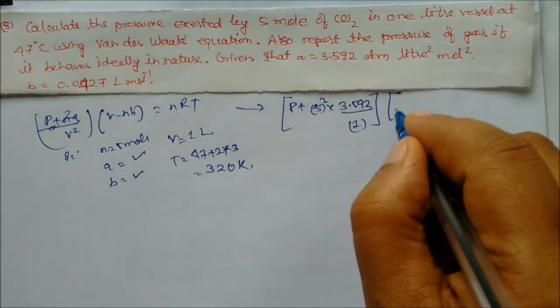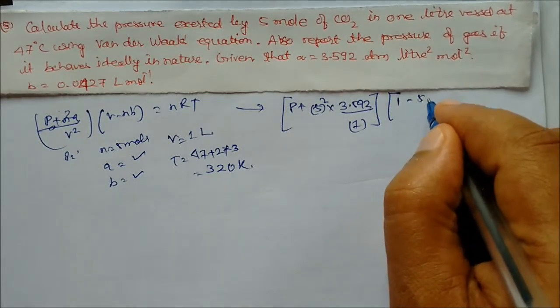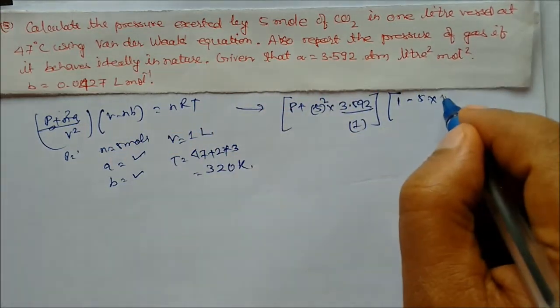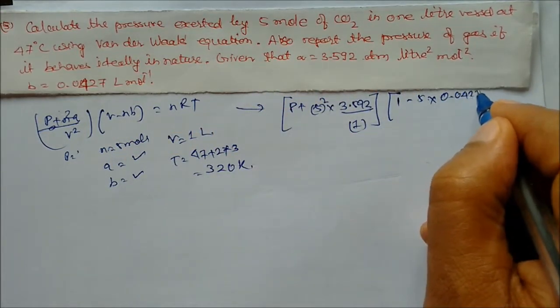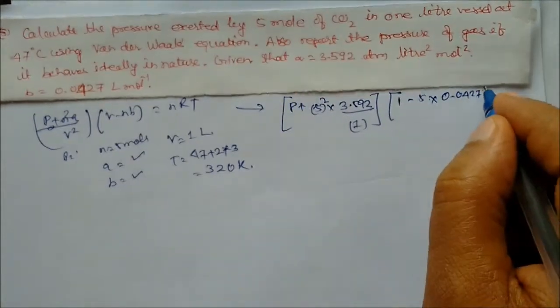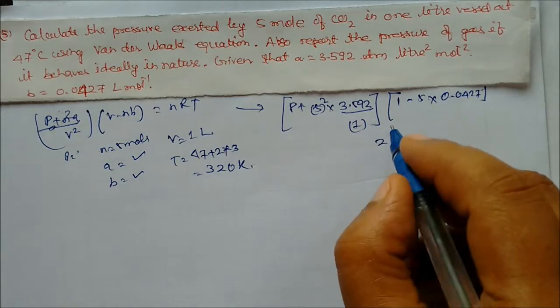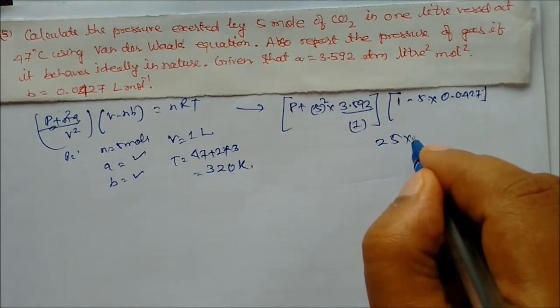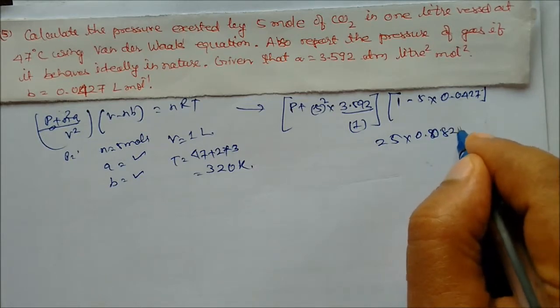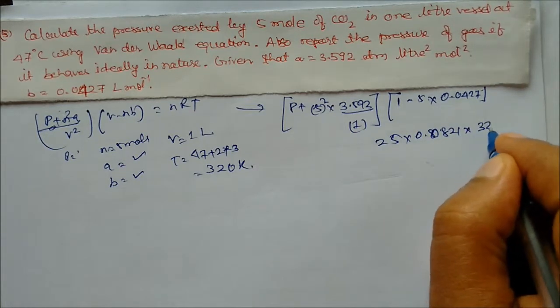Now V is again volume 1, minus 5 into B, which they have given, 0.0427. This is equal to nRT. So n is given as 5, and R is 0.0821, and temperature is here 320.